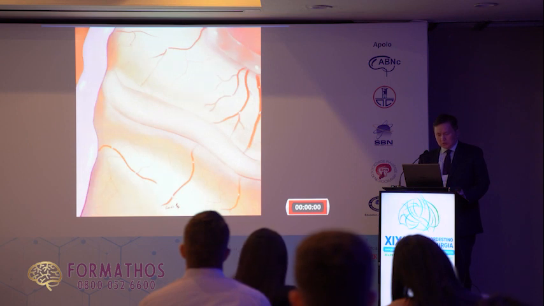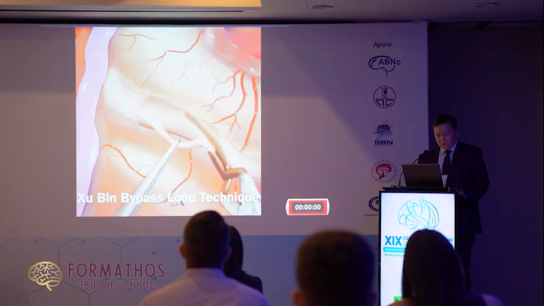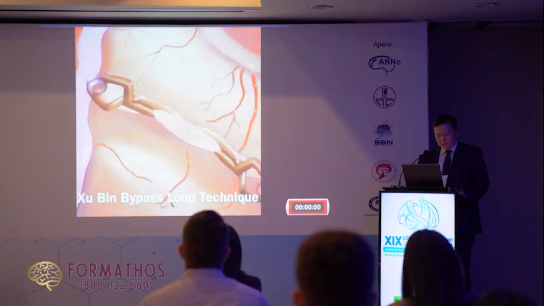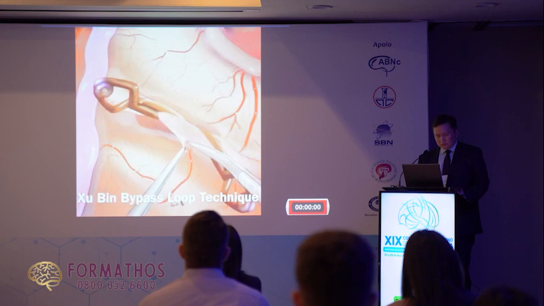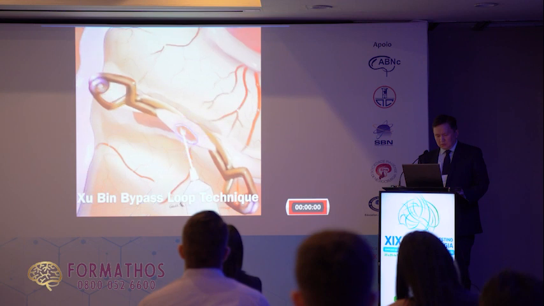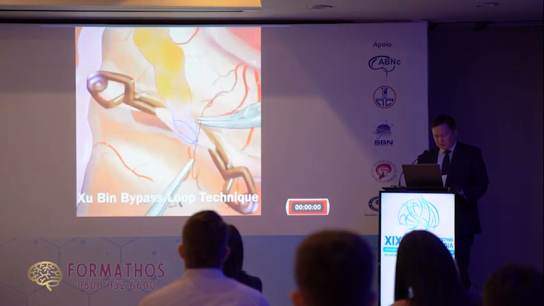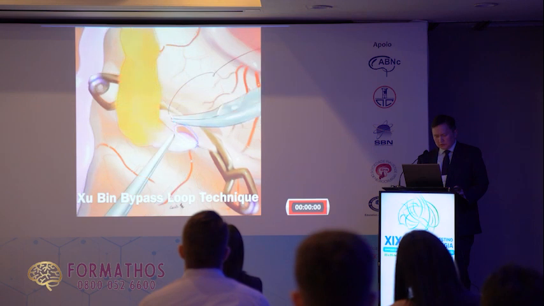This is a loop technique. We choose a thicker one as a recipient artery, use 2 temporal clips and cut off an oval shape vessel wall. Then the first stitch at the toe, the second one here.